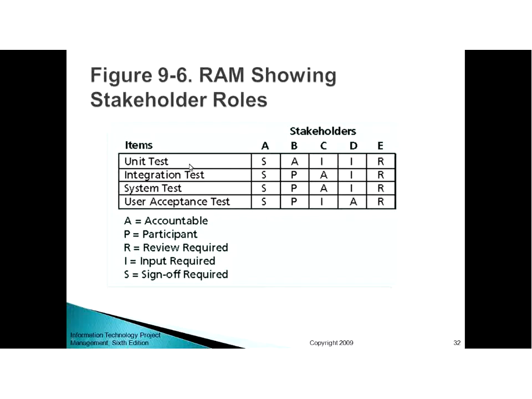For C, if you see it's I, it means for unit testing, input from person C will be required. And input from B will be required, and from person E, you will require a review. It means person E is a reviewer of all the activities. So that's the role. Here we can see against each activity what role each person is performing.